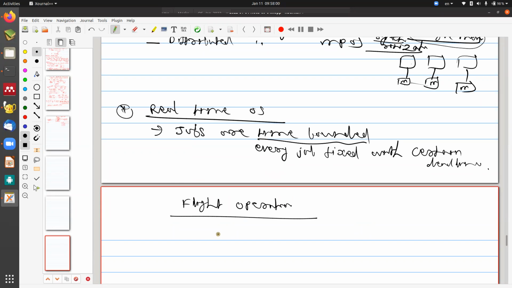What does it mean? It means the moment you click on the button for landing, within 2 seconds or within 5 seconds, whatever time they have given, the wheels have to come out. If the wheels do not come out within this, you have to be sure that you are not on the safe side. Yes or no?